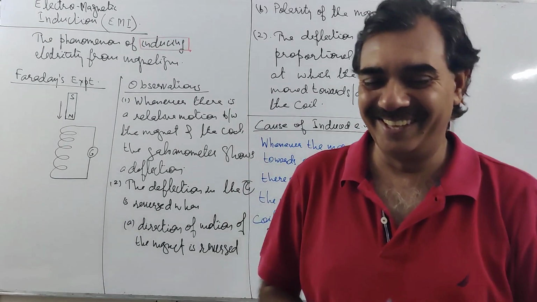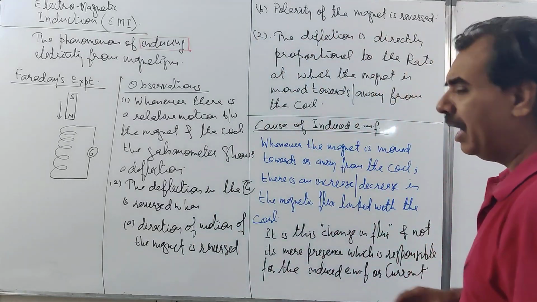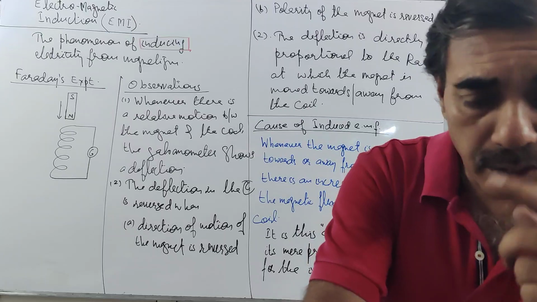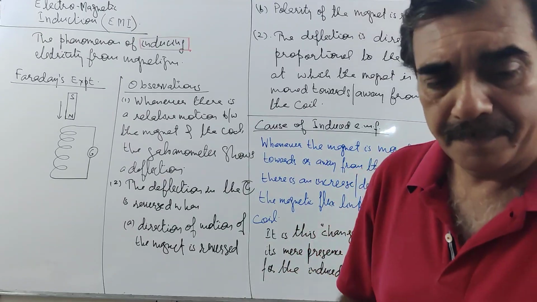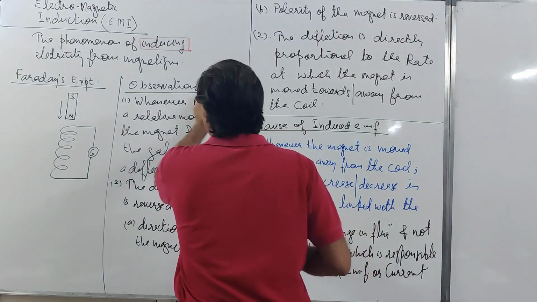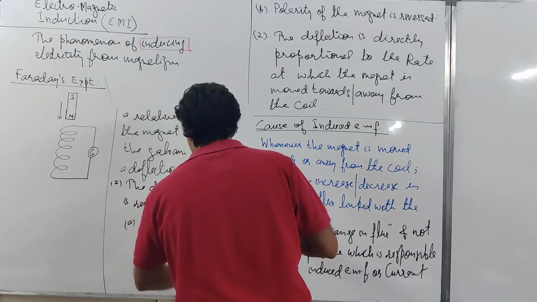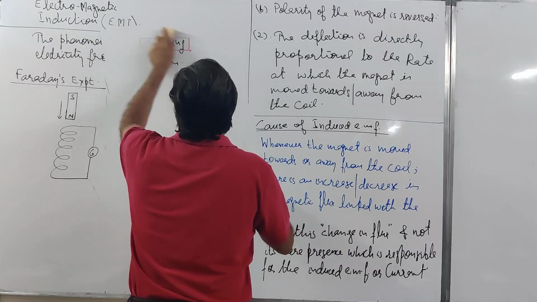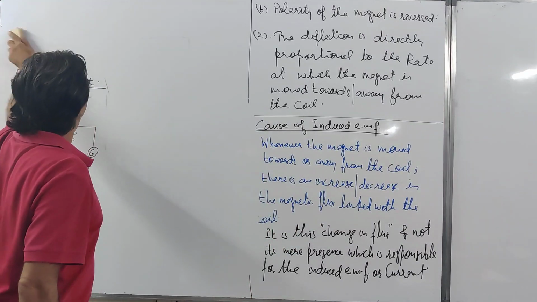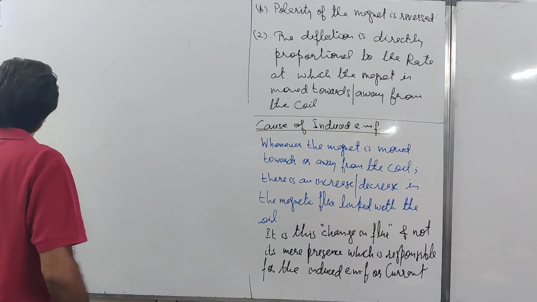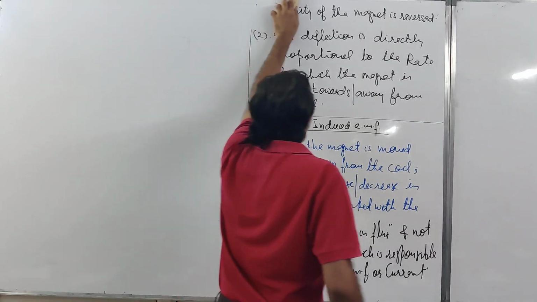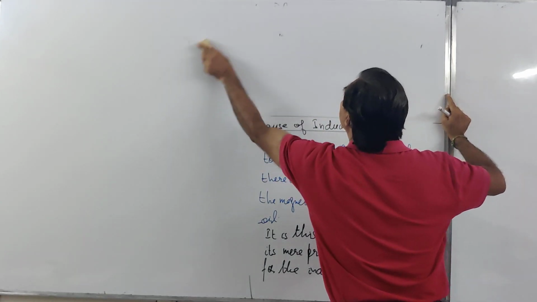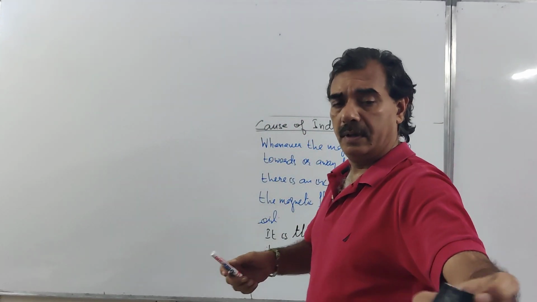Boom. I just draw a small picture of the linkage of magnetic flux. There is going to be a lot of mathematics also, but the physical part to be understood is going to be very, very interesting and very, very important. सारा कुछ conceptual रहेगा.